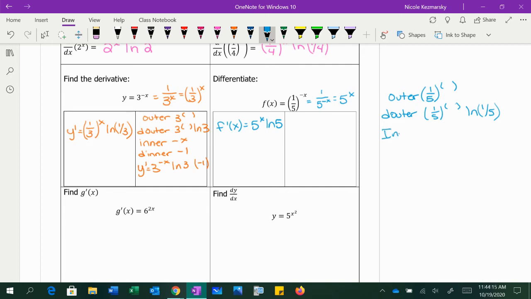The inner is negative x, and the derivative of the inner is -1. So then f prime of x would be the derivative of the outer, so 1/5 to the exponent, so negative x, times natural log of 1/5 times -1.